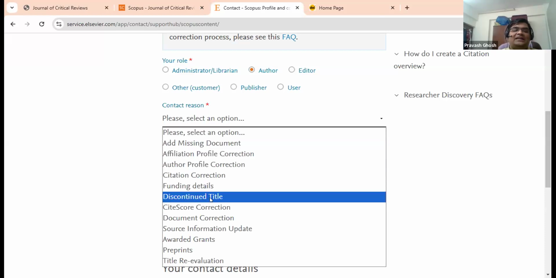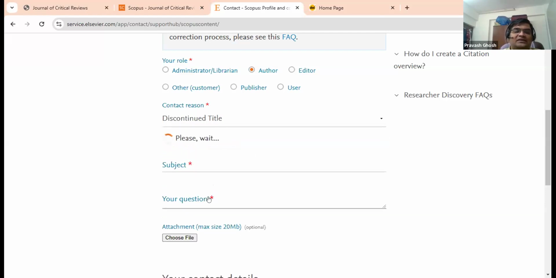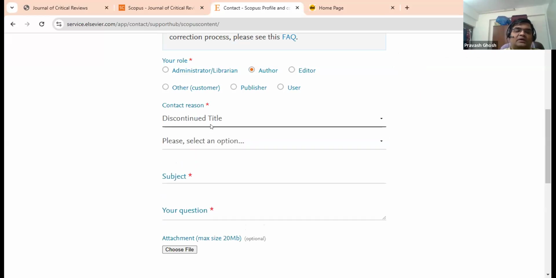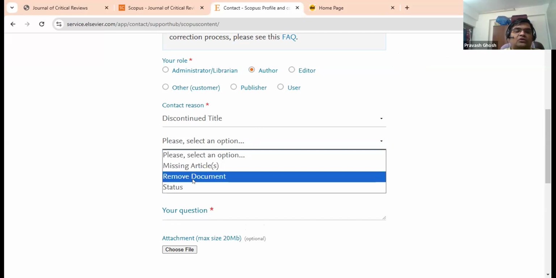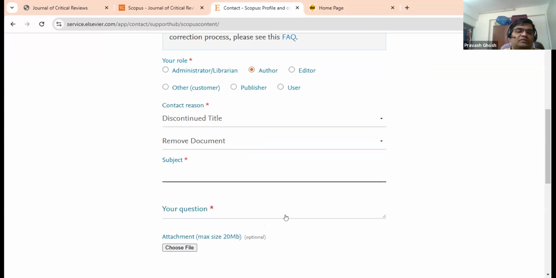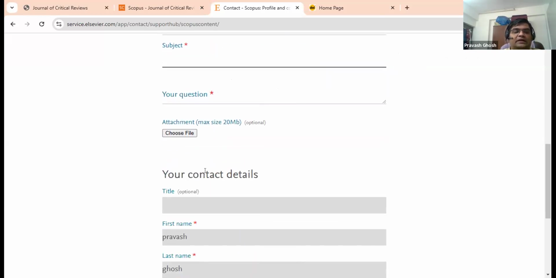Yes, discontinued title. Yes, sir, this one, you are saying it has been discontinued. So you can give discontinued title. You can give the name, this one, select an option. Yes, remove document. So in this way you can give the subject, that such and such journal is there or not.